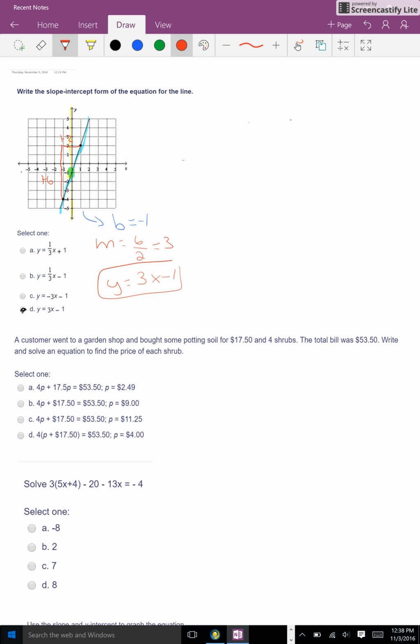Now we did not show you the slope triangle, so you could technically do the 1, 2, and -1, -4, and plug that into y2 minus y1 over x2 minus x1, and you'll get the same slope.